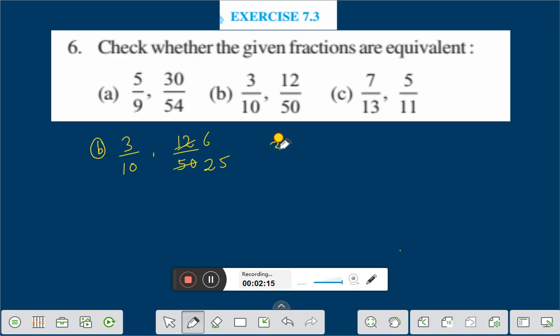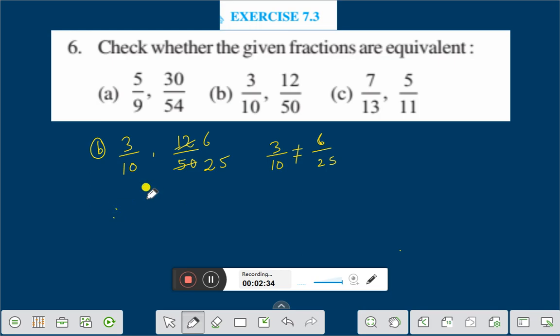Therefore, 3 by 10 is not equal to 6 by 25.